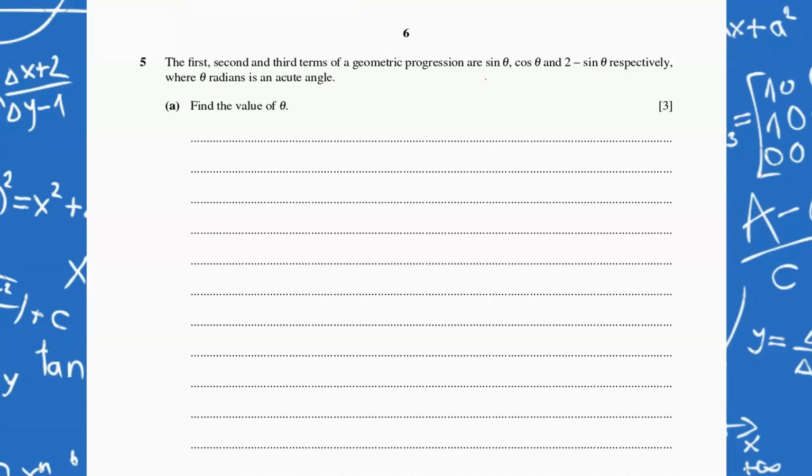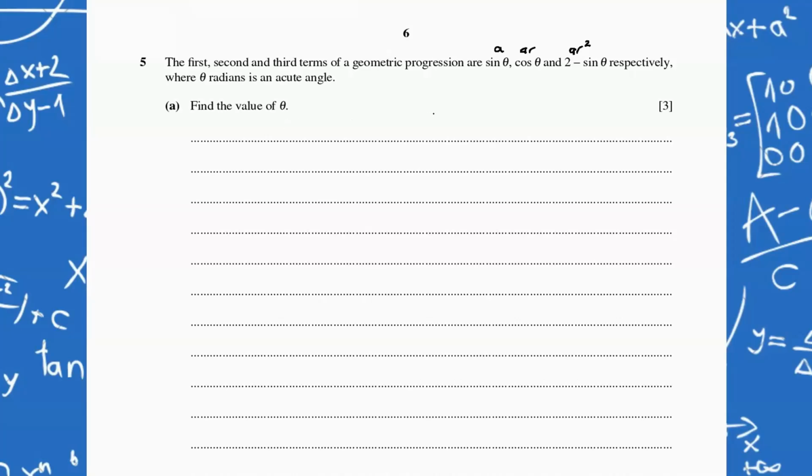All right, so we've been given that sine theta, cos theta, and 2 minus sine theta are the first, second, and third terms of a GP. And they want us to find the value of theta.